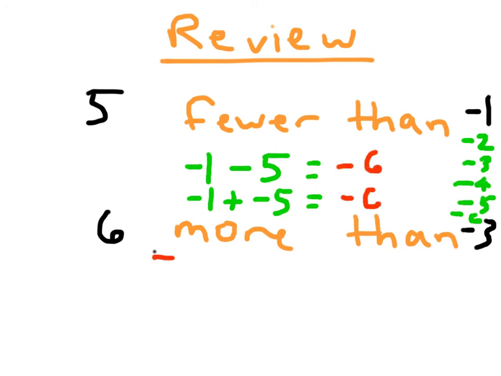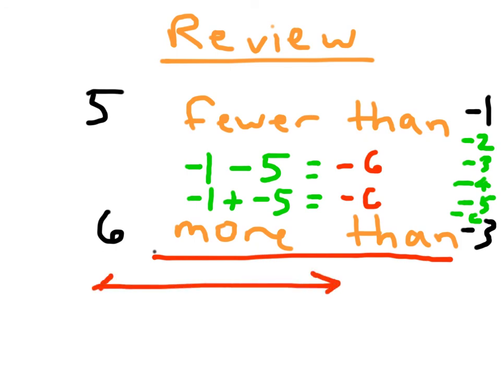Now when we say more than, we are going towards the right on that number line. So are we starting at 6 or negative 3? We're starting at negative 3, and we're going 6 away from there. When we go 6 away in this direction on the number line, what sort of numbers do we start seeing over here?